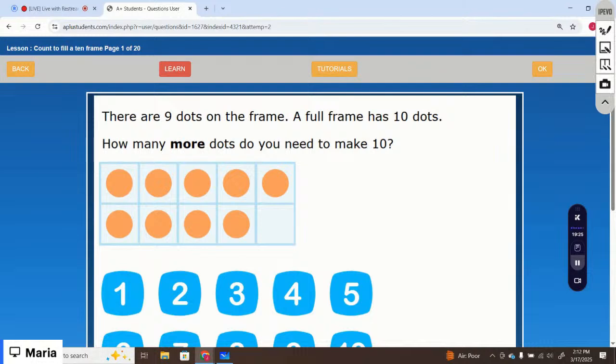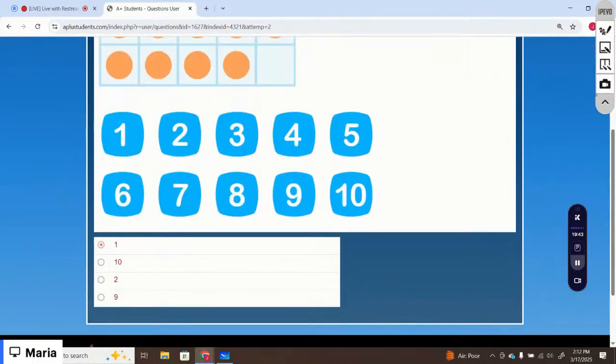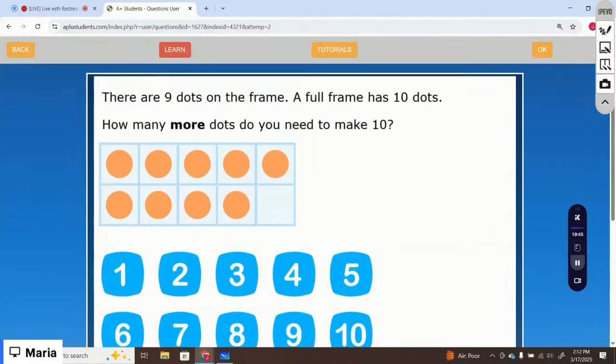So you need to make the total dots 10. We are given the 9. So how many do you have to add to make it 10? You need to count the empty boxes, right? You need only one dot to fill the frame. Because 9 are filled and only one is empty, 9 plus 1 makes 10.